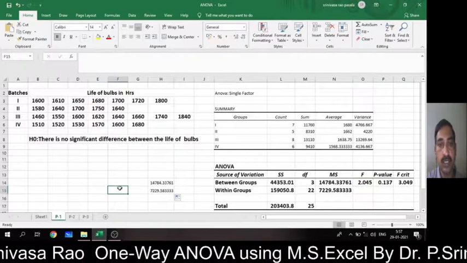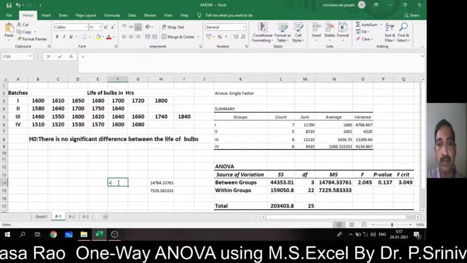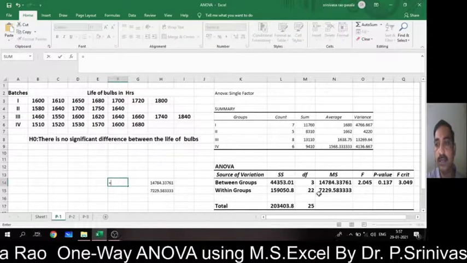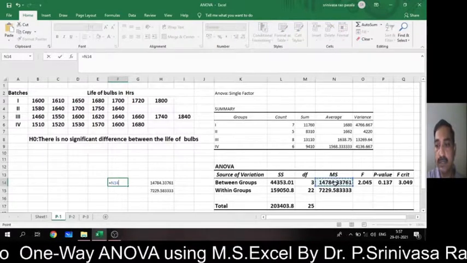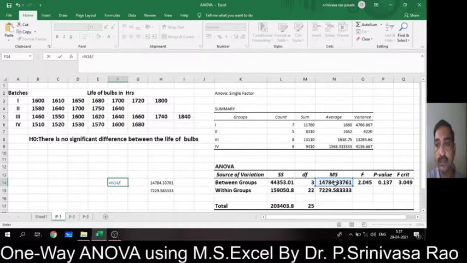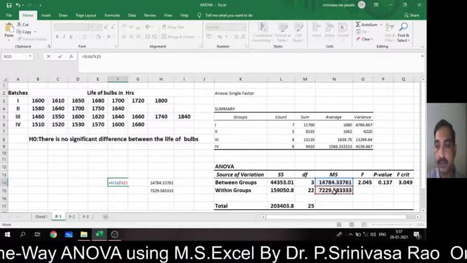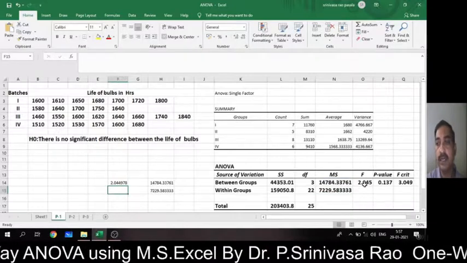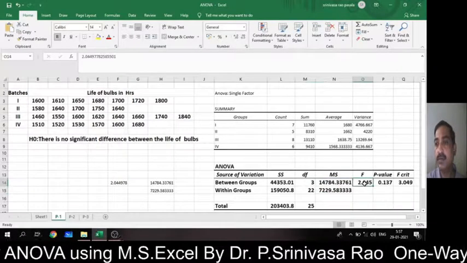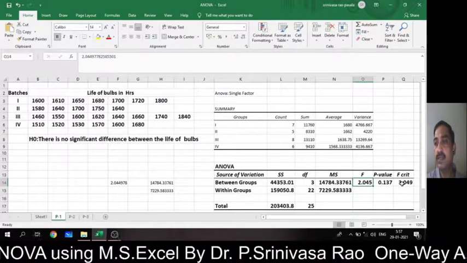If you have any doubt, you have to check with that one. So similarly this value divided by this value, 2.045, right? This is nothing but the F value.